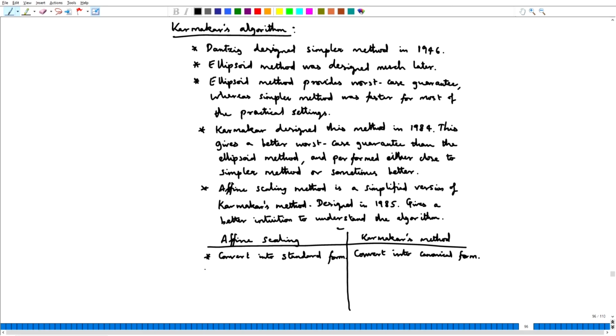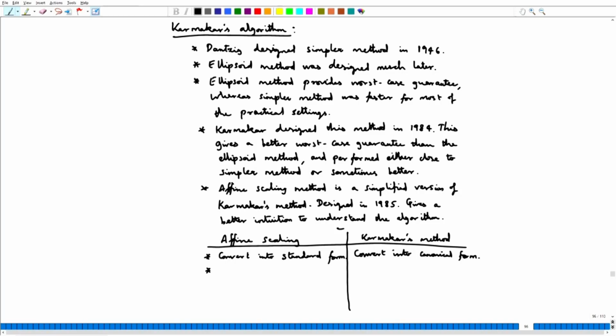Okay. And if you recall what you do in affine scaling, you first center the initial point or whatever point you have, then you find the descent direction and project it onto the feasible set, and you move over there, and then decenter it, right. So, that is the procedure.